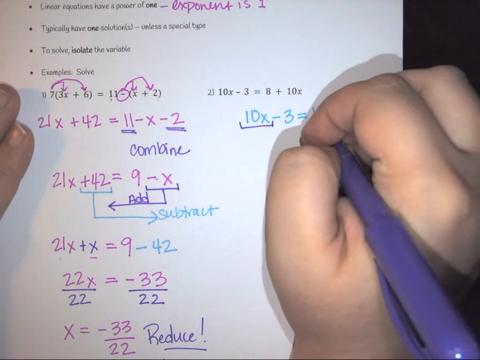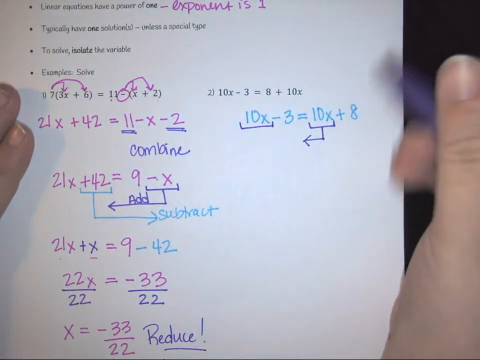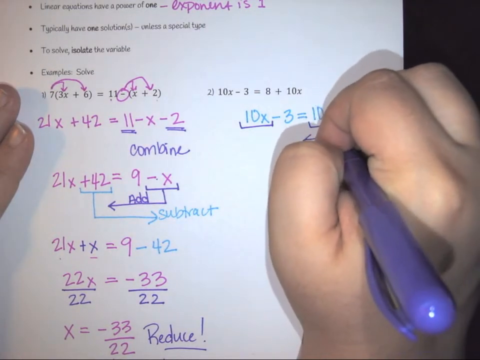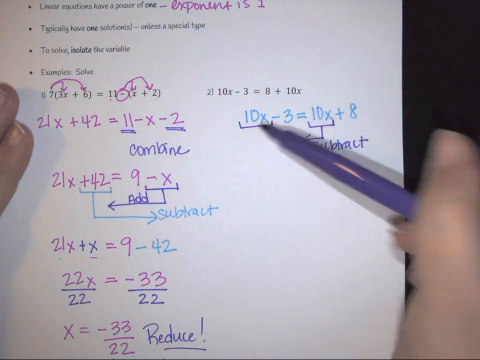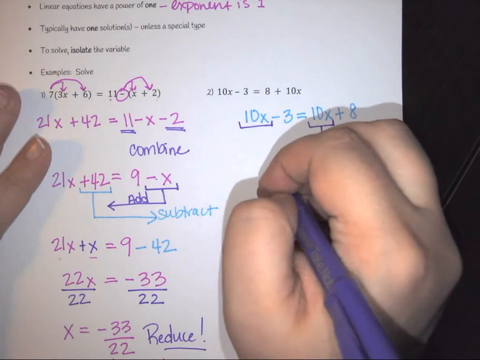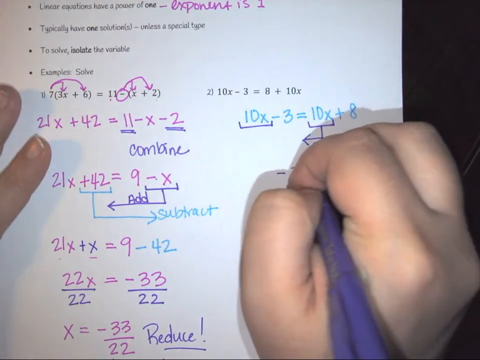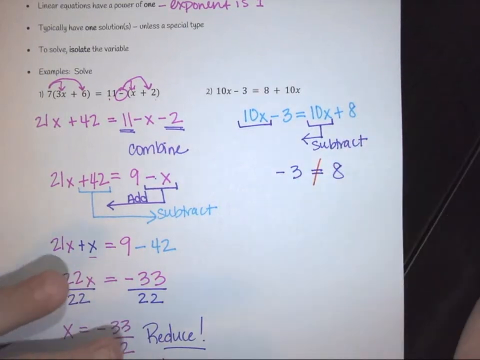If we go ahead and move this 10x over to the right-hand side, because it's positive, here we have to subtract. And in doing so, 10x minus 10x leaves us with no x's. So essentially our equation becomes negative 3 equals 8. The biggest thing you should notice about this is that this is not true.